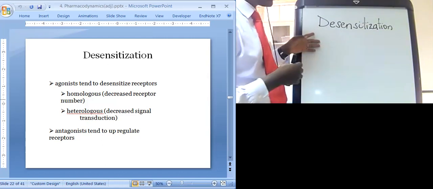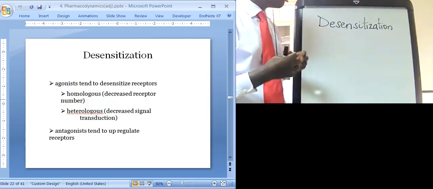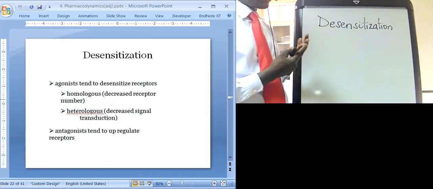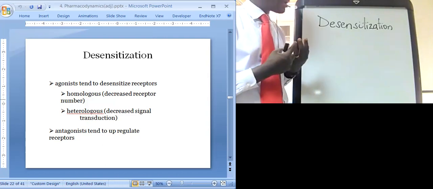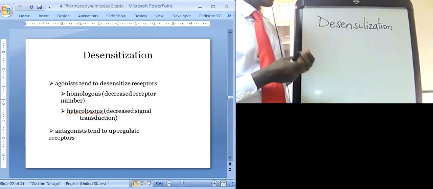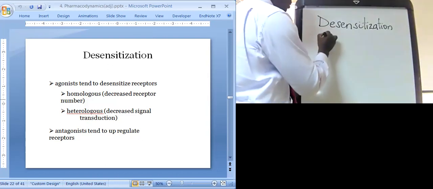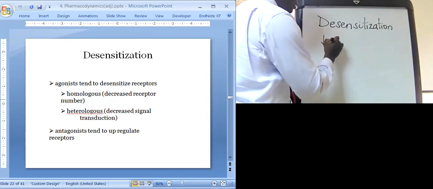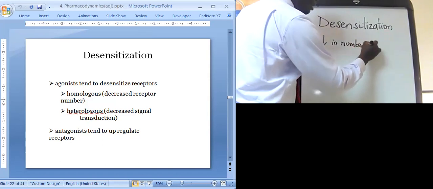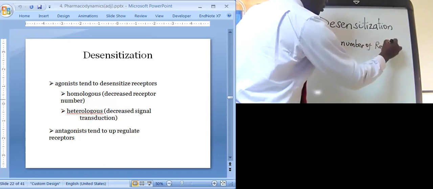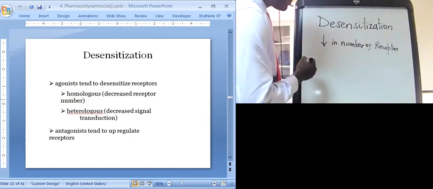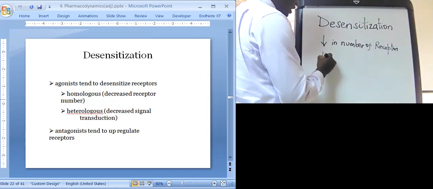And what actually happens is that because of desensitization, two things can happen. One is that the receptors where the drugs are supposed to bind decrease in number. Or it can be as a result of a decrease in what we call signal transduction.